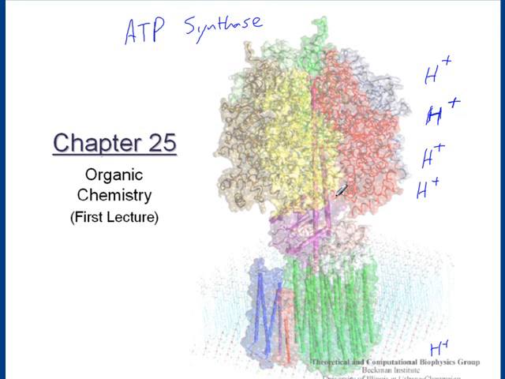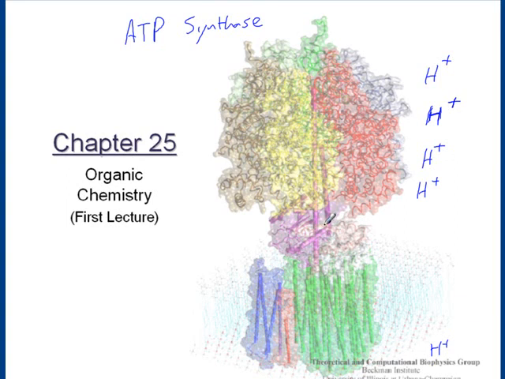The different colored regions are different subunits, different proteins that are coming together to form this more complicated protein. The interactions that hold not just the individual subunits together, but also connect the two, and ultimately the mechanism itself, are really dependent upon organic chemistry, dependent upon the attractive and repulsive forces that you get to know as you go through organic chemistry.